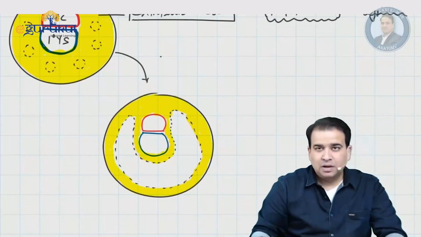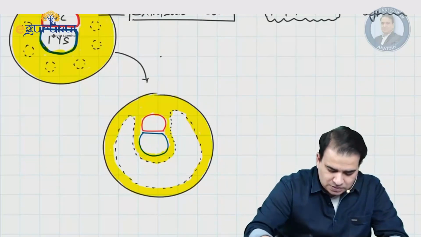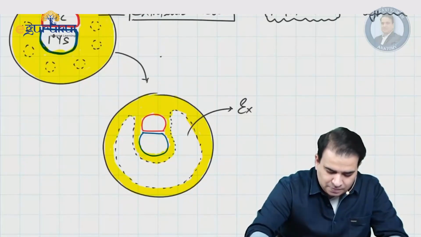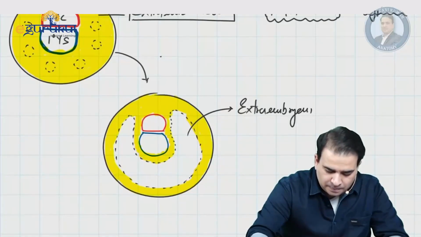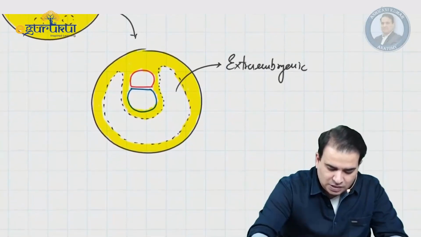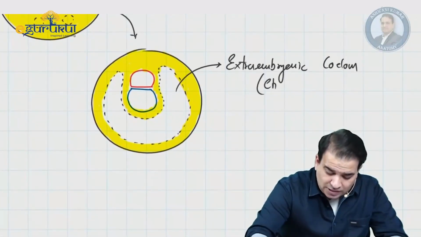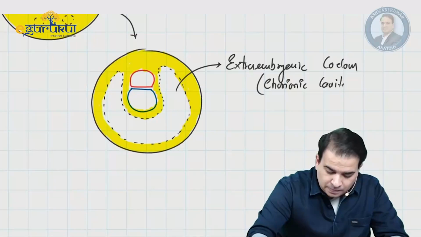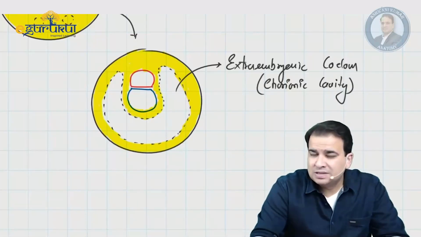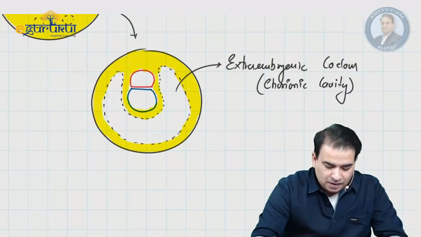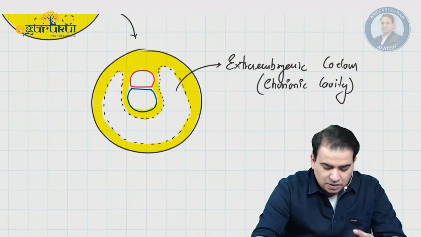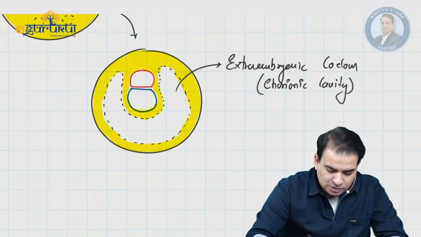So first of all, the coelom which is formed is called the extra-embryonic coelom, which is also called the chorionic cavity. And because of this extra-embryonic coelom, you can see the entire extra-embryonic mesoderm is divided in two parts.